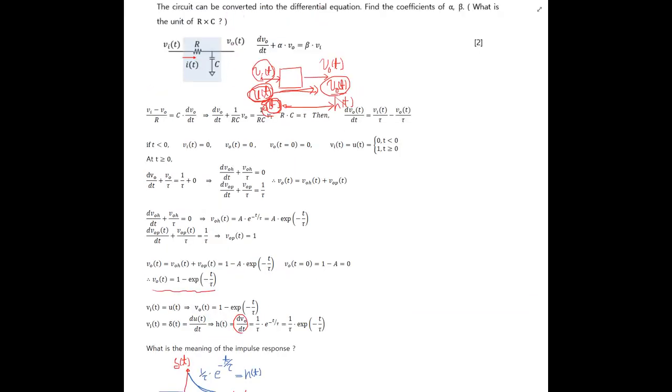Okay. So if we apply the impulse at t equals 0, the response will come out in this kind of pattern. The meaning of this is the memory of the system. I said that this RC circuit has a memory element, the capacitor, so it has this kind of pattern. If a signal is applied at certain times, it has some memory like that.